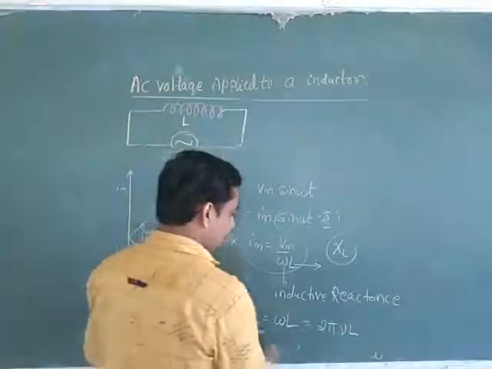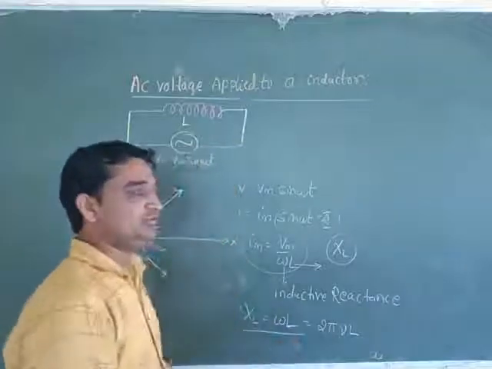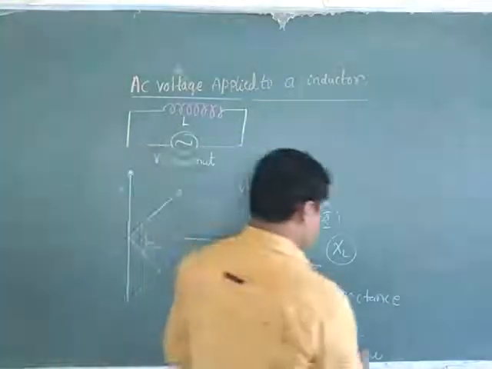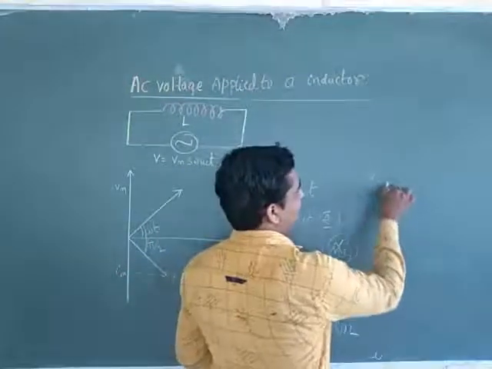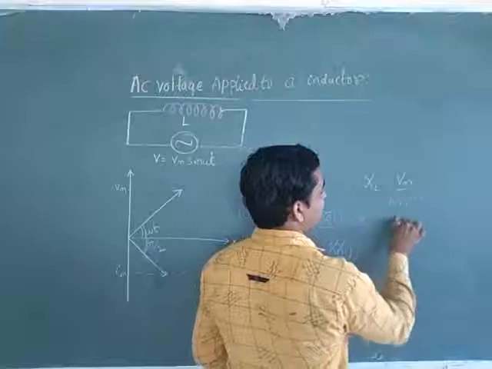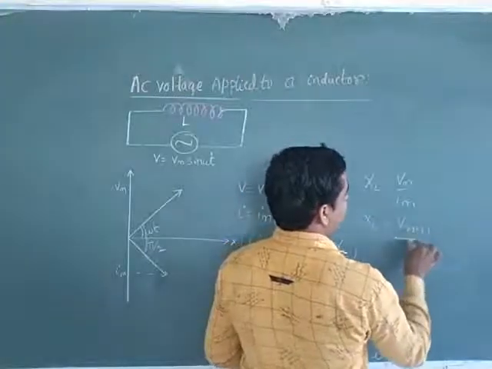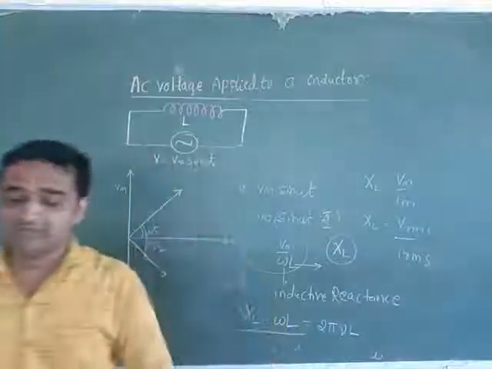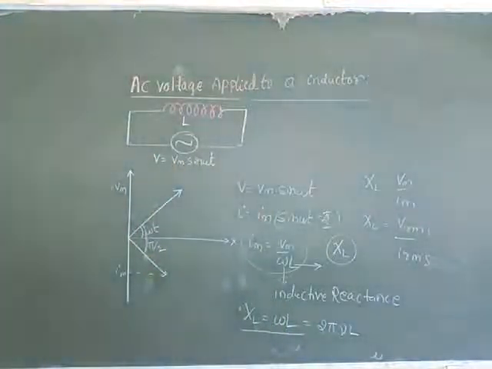Therefore, the inductive reactance is directly proportional to the inductance L. Also, XL is equal to Vm divided by Im, or Vrms divided by Irms, the ratio of the RMS value of voltage to the RMS value of AC current.